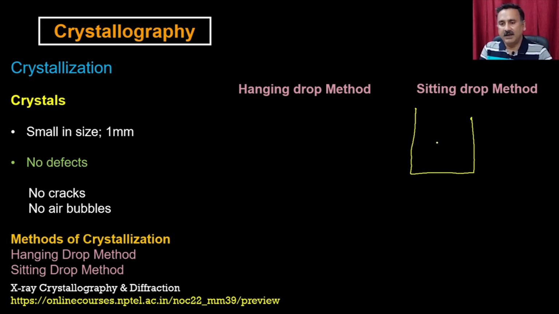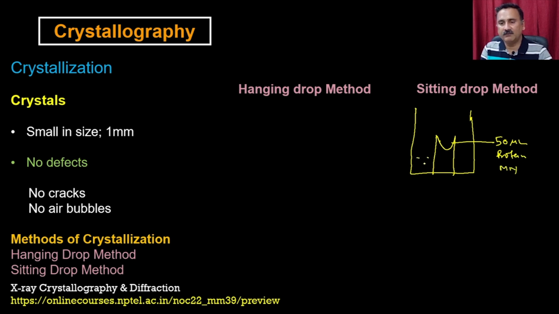But in the center, instead of the cover slip, you are going to have a bridge-like situation. The bridge has a depression, and this depression can easily take up to 50 microliter of the protein mixture.